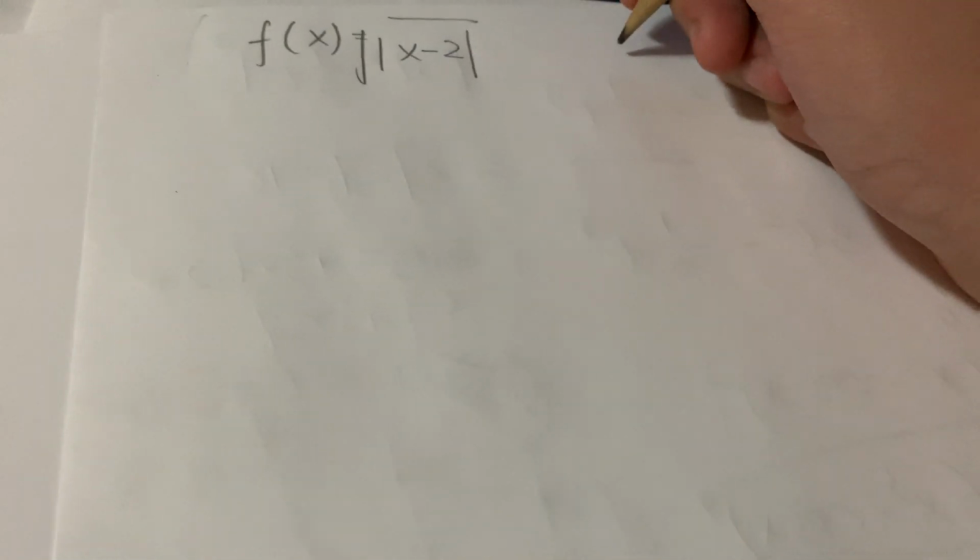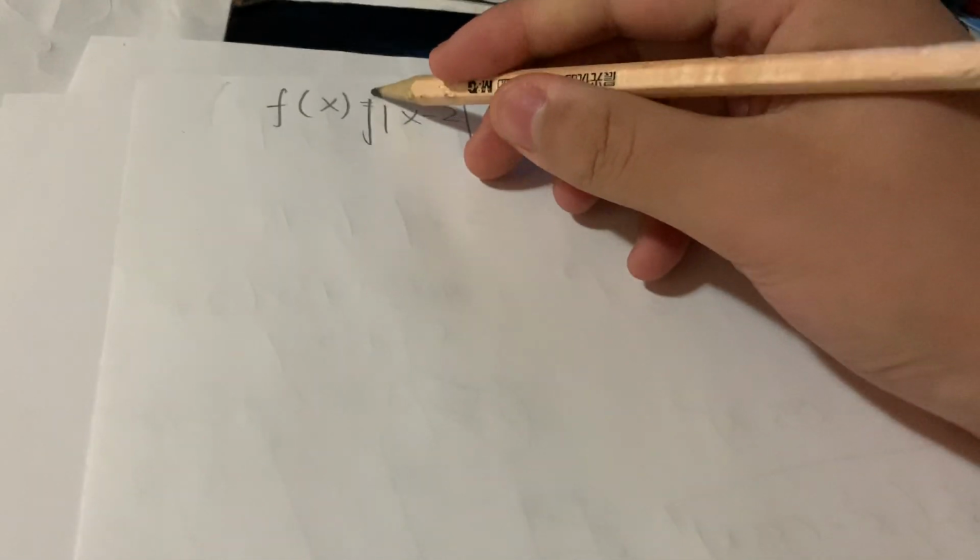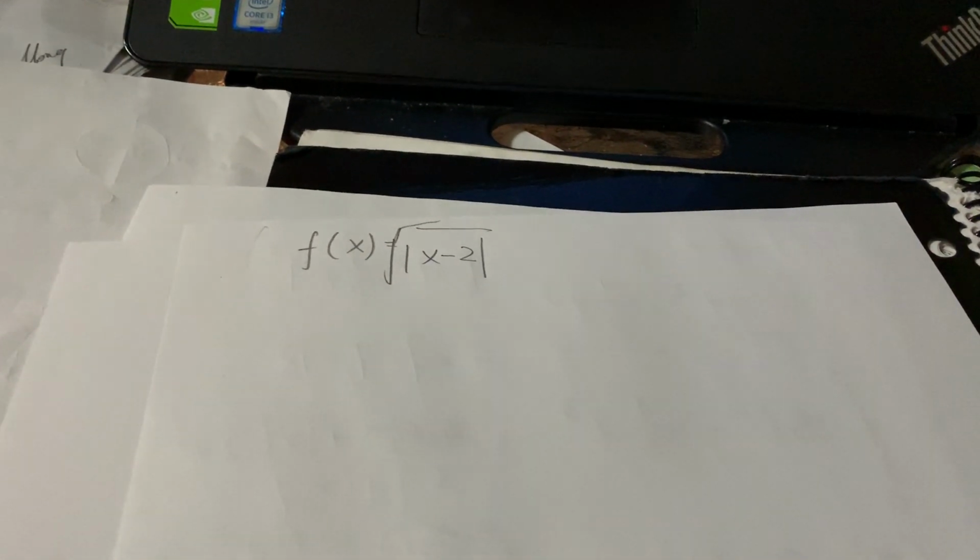Okay, problem 11. Let f be a function defined by f(x) equals root of x minus 2 for all x. Which of the following statements is true? Well, for contest tactics, E is definitely going to be wrong because of the vertical asymptote.